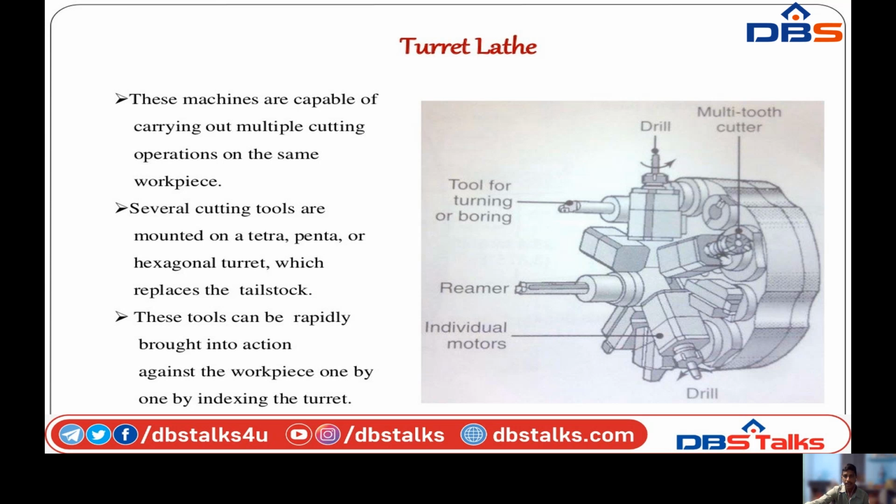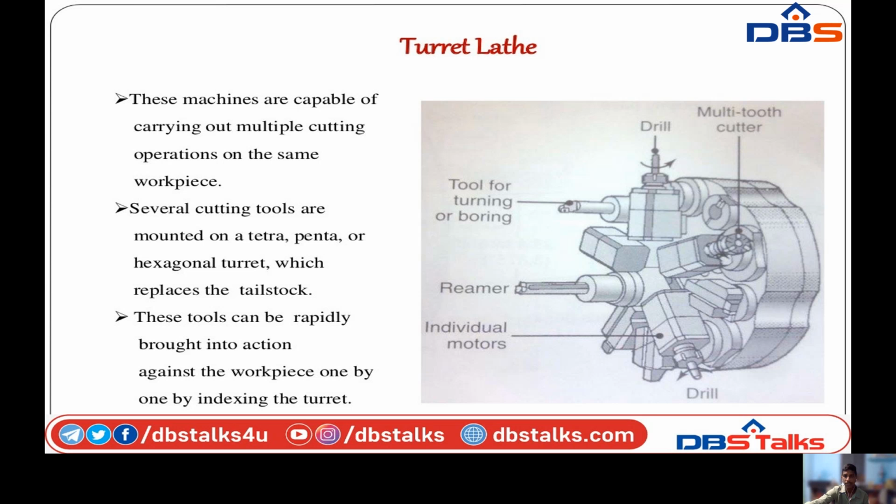For the required work, we are fixing different types of drill bits or machine tools to the machining center.